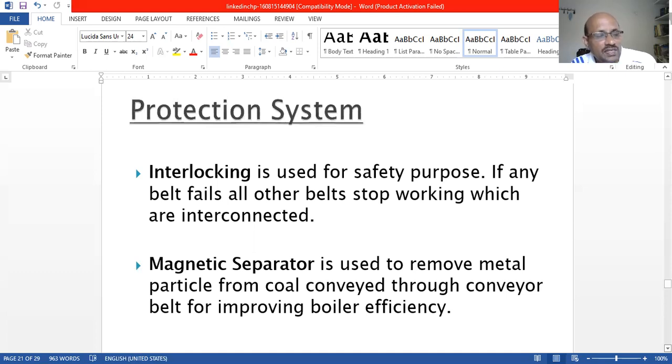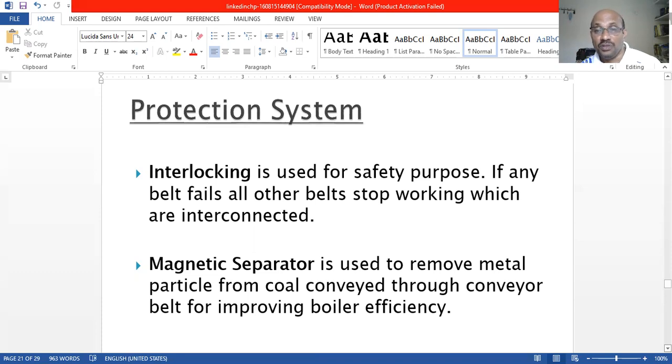And then one is the magnetic separator. We discussed that magnetic separators remove the metals, ferrous and non-ferrous. So coal is conveyed through the conveyor belt, improving the boiler efficiency. If metal is poured into the boiler, it will burn, it will take a lot of time, and a lot of coal is also wasted.